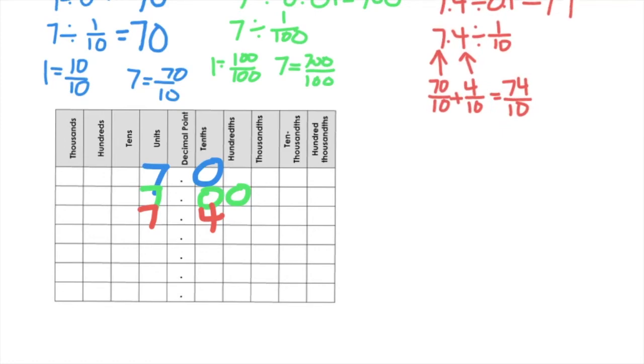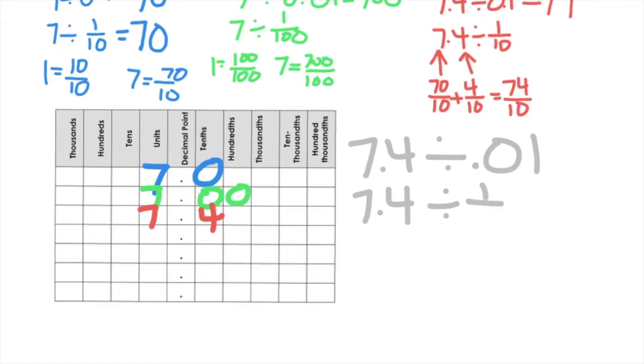Let's try one more. So I'm going to have 7.4 divided by, actually we're going to do hundredths place, 1/100th. So now it's 0.01, which means 1/100th. 7.4 divided by 1 out of 100. Now, in 7 wholes, that's 700 hundredths. Do you know how many hundredths are in 4/10?